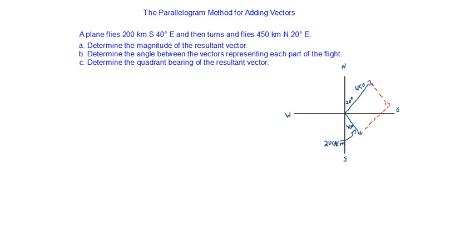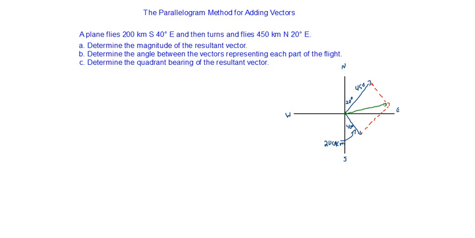With this parallelogram method, the resultant vector, the vector you get by adding these two vectors, is the vector that goes from where we started to the opposite corner of the parallelogram.